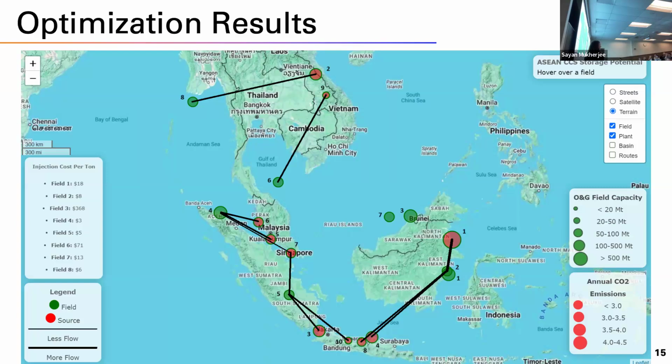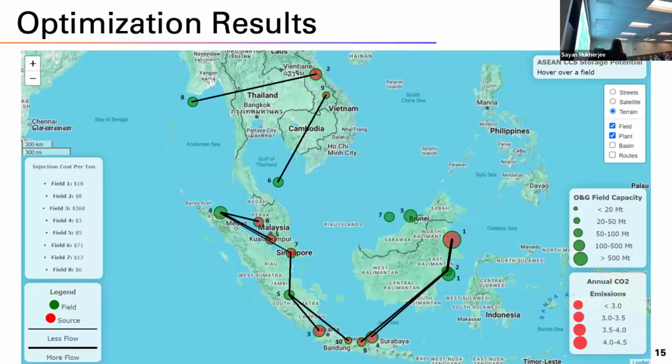It's filling up the injection capacity for that year. So power plant number 7 could only send so much to one of the reservoirs, and it has to send it to the others, as well as just the amount of carbon dioxide is split evenly to minimize the costs.